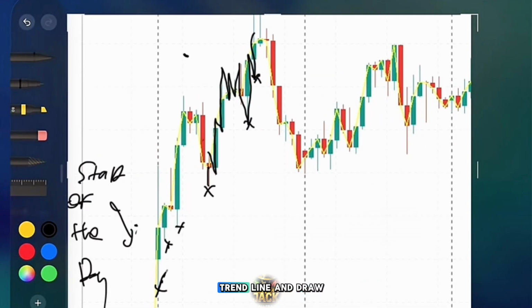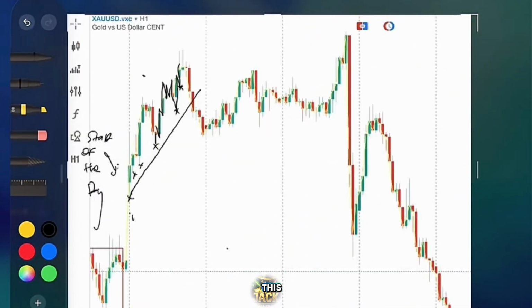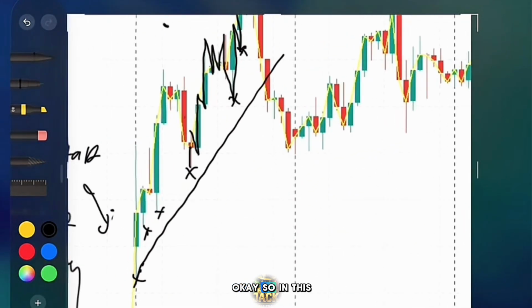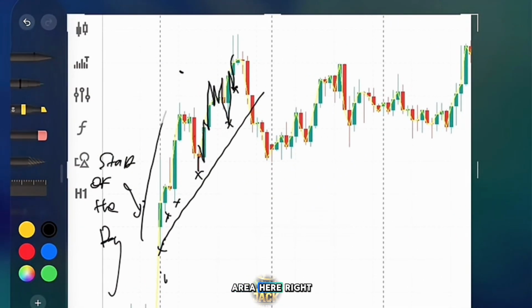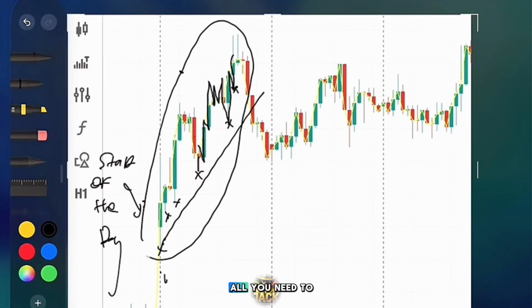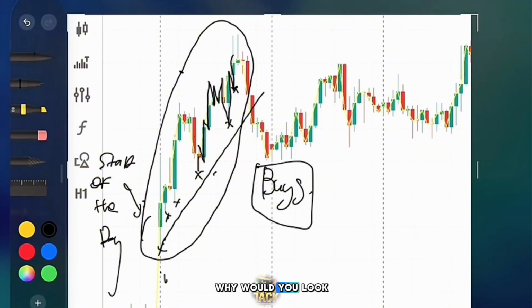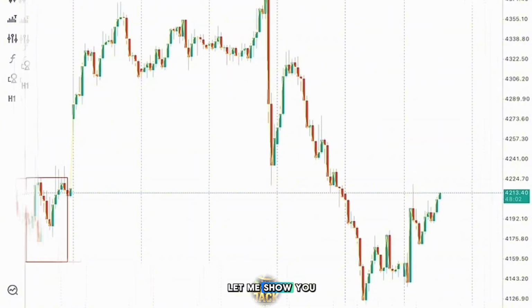If you take your trend line and draw like this, it will look like this. So in this area, all you need to look for is buys. Why would you look for sell? The market is bullish, so look for buys. Let me show you an example.